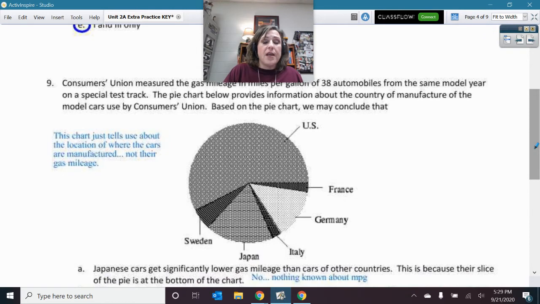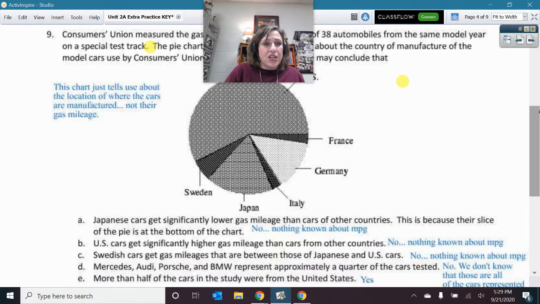All right. Now, one key thing to understand in this chart is that when you look at this sentence here, the pie chart is providing information about the manufacturer of the cars in this study by the Consumers Union. So this chart is not telling you something about gas mileage, even though they mentioned gas mileage in this topic. This chart is just telling you the location of where these cars are manufactured.